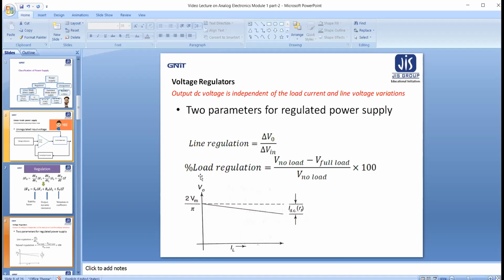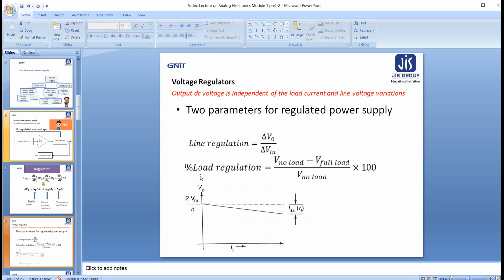So if the load regulation is very fine for a particular regulated power supply, that means this power supply is the best power supply, which will produce a very steady DC voltage irrespective of the load.